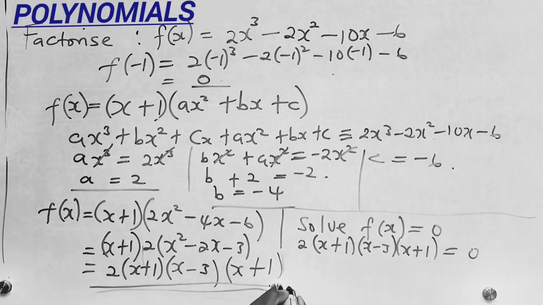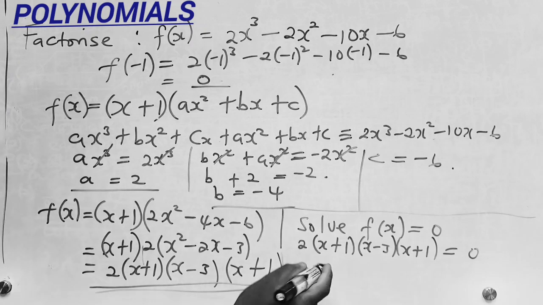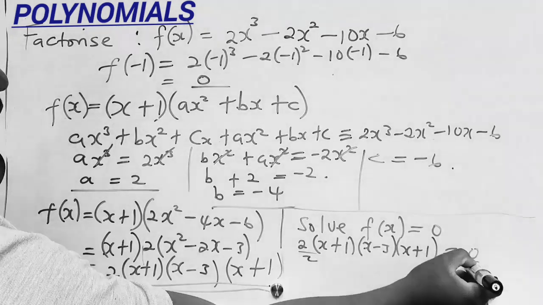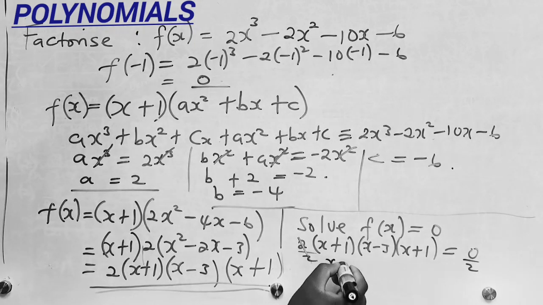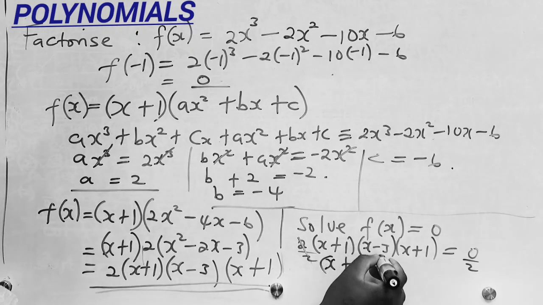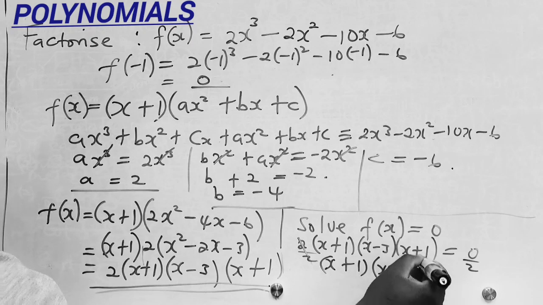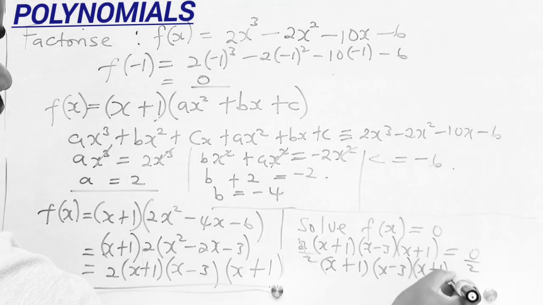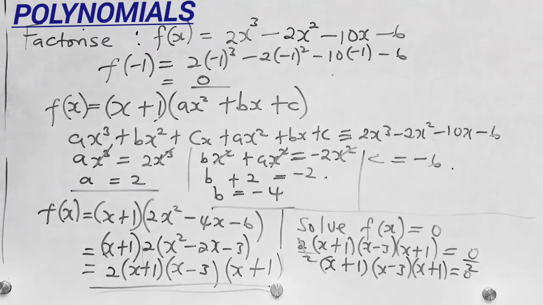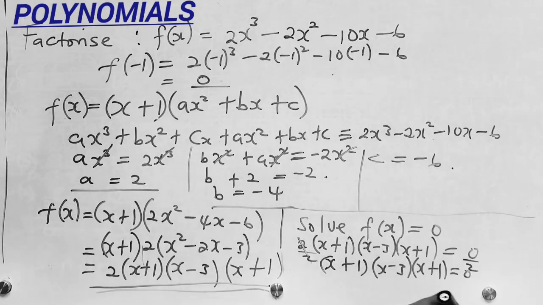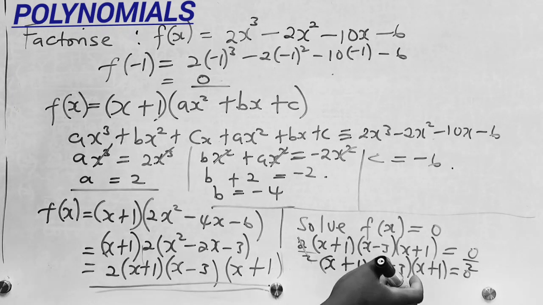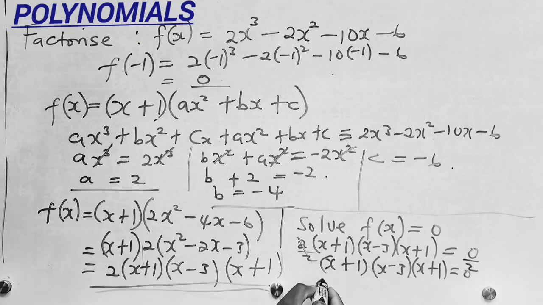Then we can divide both sides by 2. Then it cancels here. So we'll be left with x plus 1, x minus 3, x plus 1 is equal to 0. Then, after that, we know that x plus 1 is equal to 0, x minus 3 is equal to 0, and x plus 1 is equal to 0.